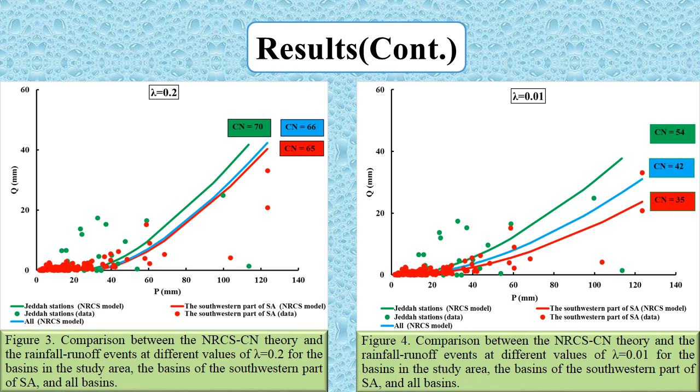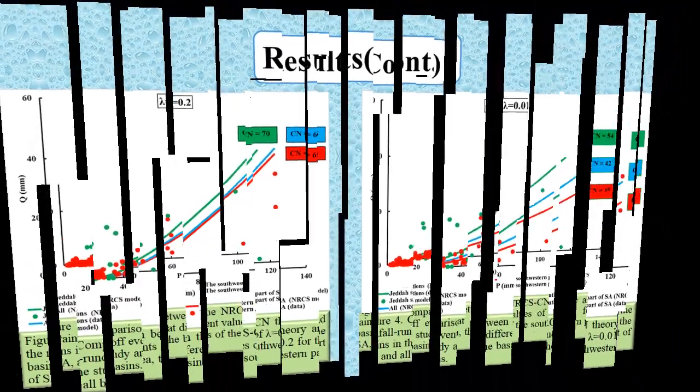It's about 54 for the Jeddah region, and Cn equal to about 36 for the southwestern part, while it is 42 for both. So what are the implications of this?